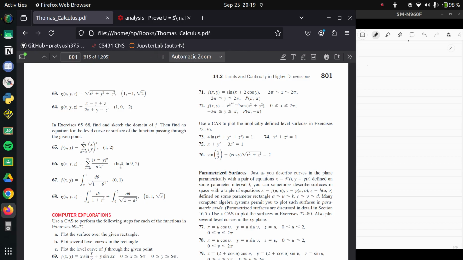So g of x y z is this. So z runs completely different from x and y. So this is always defined. This integral dt upon 1 plus t square, this is always defined, because dt upon 1 plus t square looks something like this.